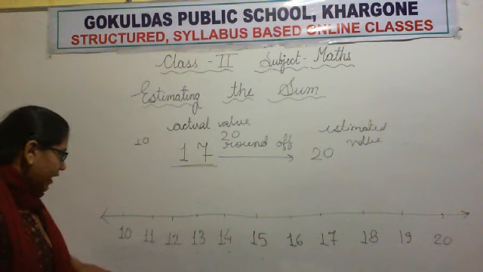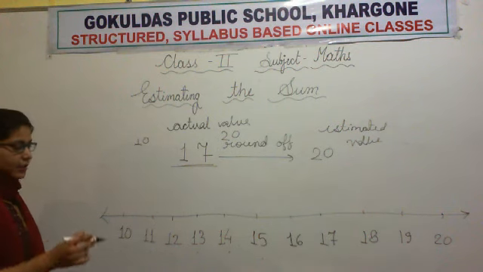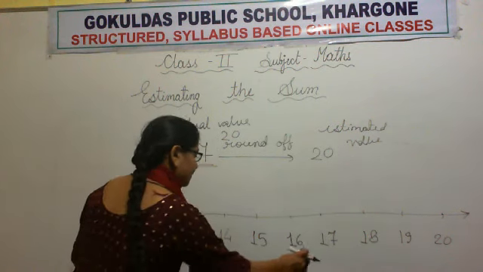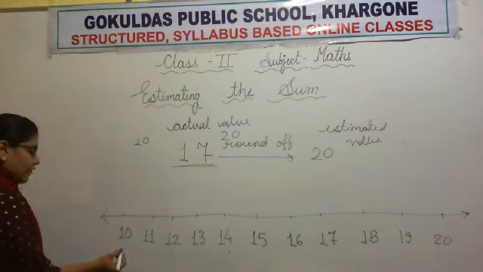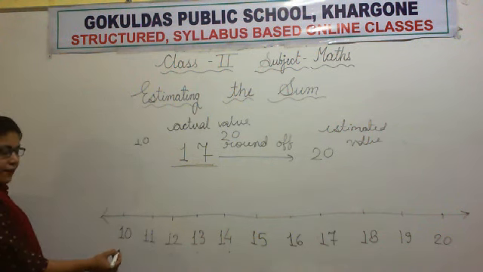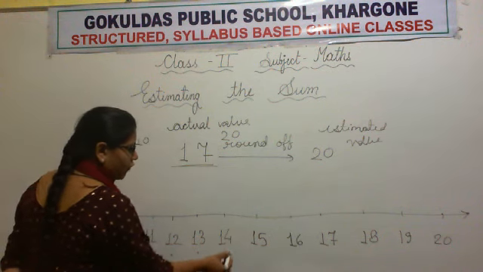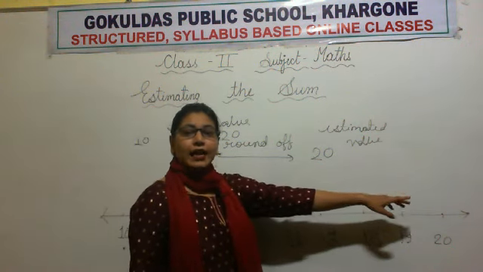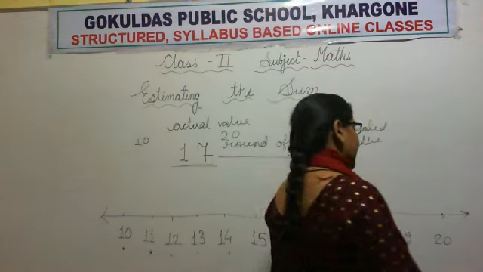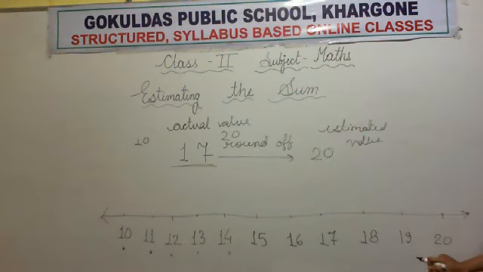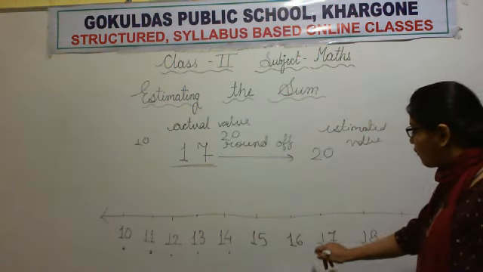Let us count again. We will start counting from the left. 5 numbers. 1, 2, 3, 4, 5. Now we will start counting from the right side. 1, 2, 3, 4, 5.